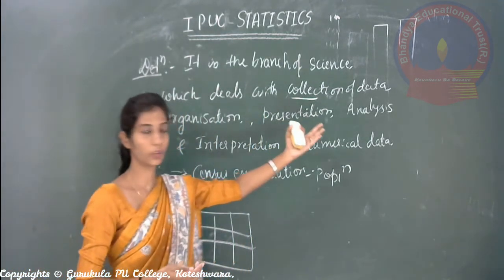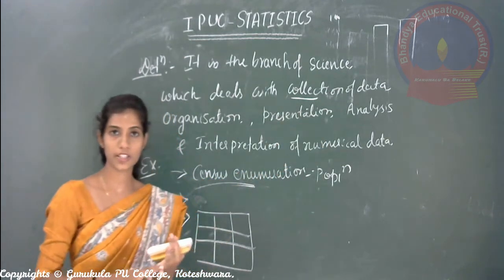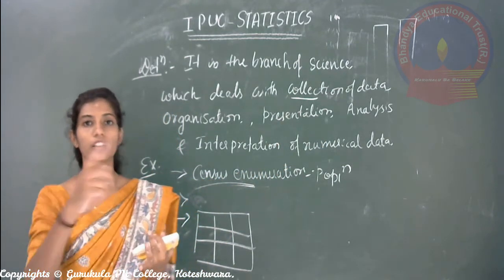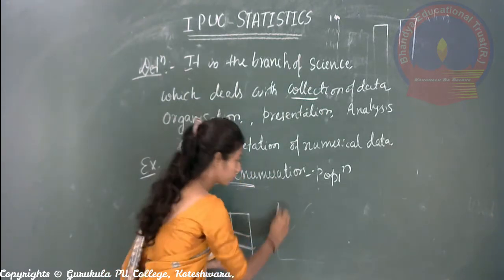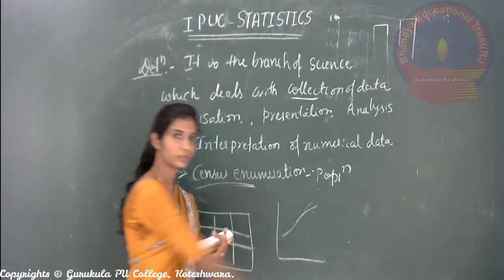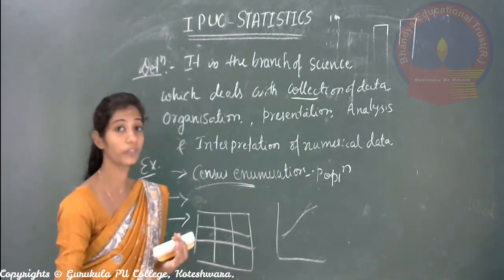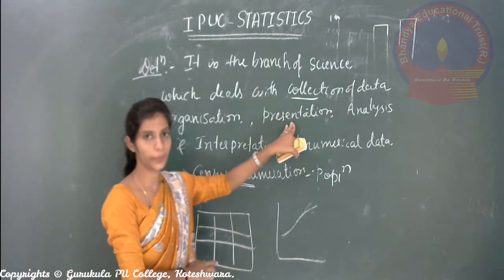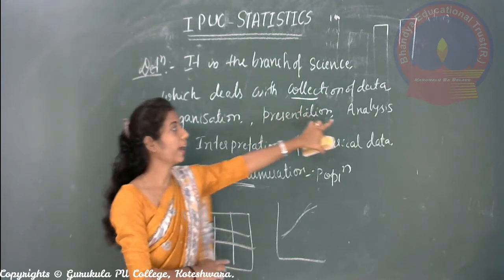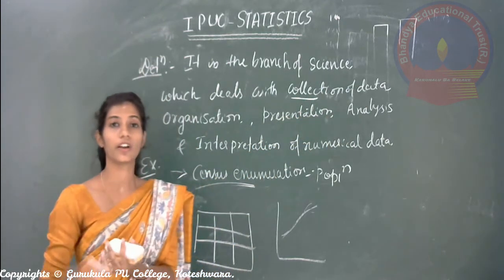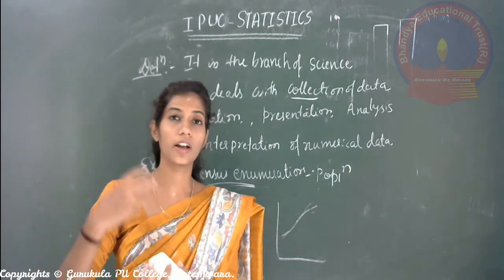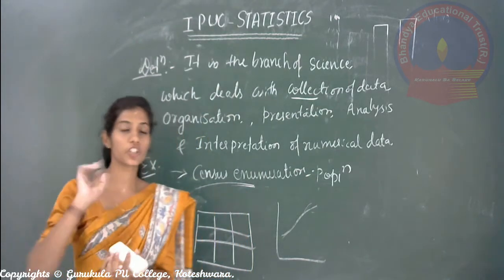As I told earlier, you can represent it in diagrams or you can show in terms of graphs. Graphs alli kuda show ಮಾಡಬಹುದು. These are the different ways that you can do presentation. And analyzation part. Analysis is nothing but you have to do the calculation part.